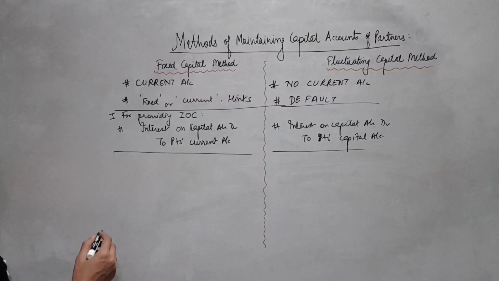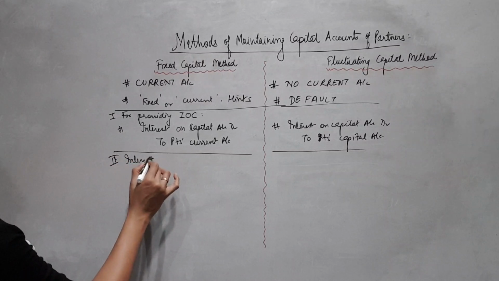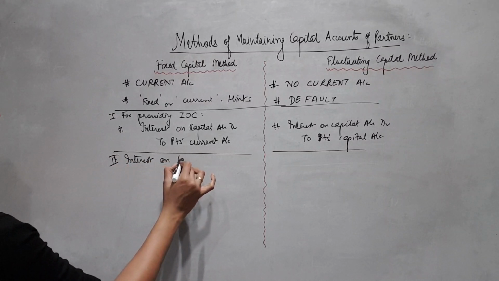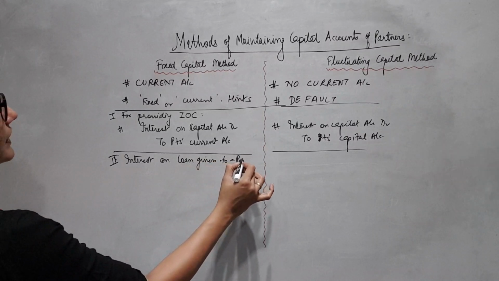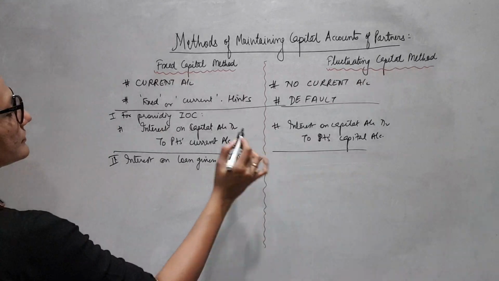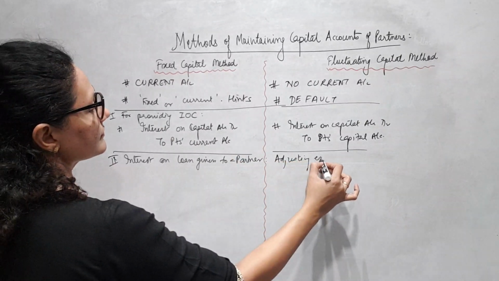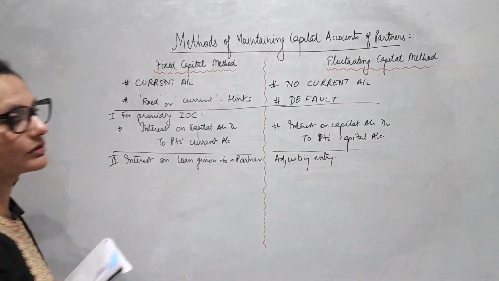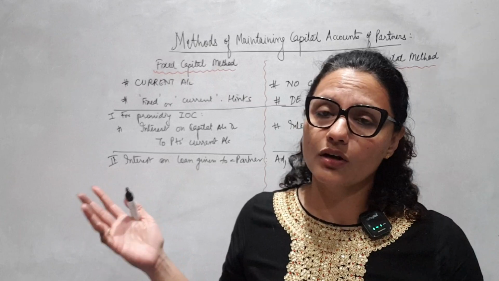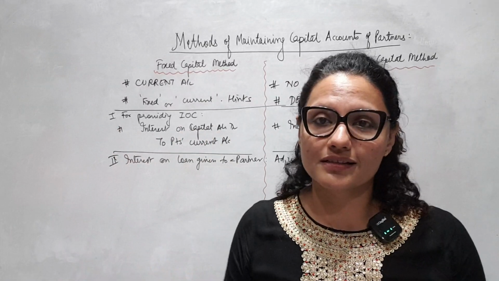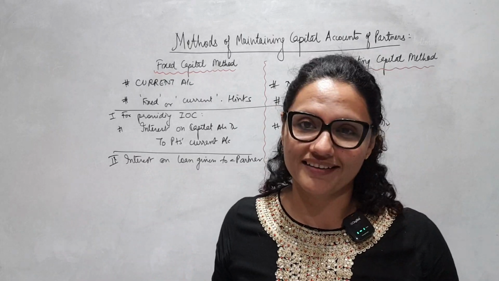Let's take one more. Suppose we're talking about interest on loan given to a partner. Adjusting entry. We're not talking about closing entries. Closing entries will not change, depending on the sum, because closing entries don't involve the capital account or current account at all.